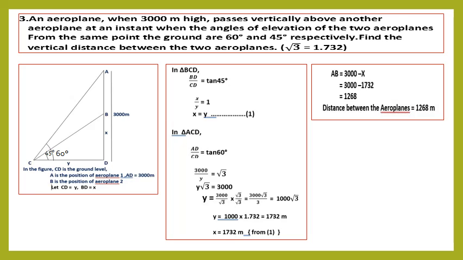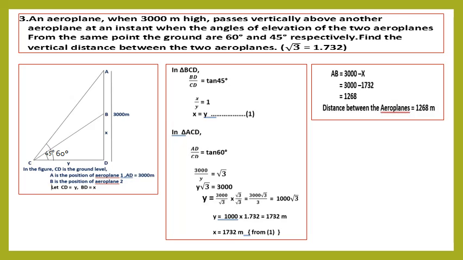ACD is 60°. The flight A is flying at a height of 3000 meters above another flight which is at B. So the angle of elevation of the flight B is 45°.